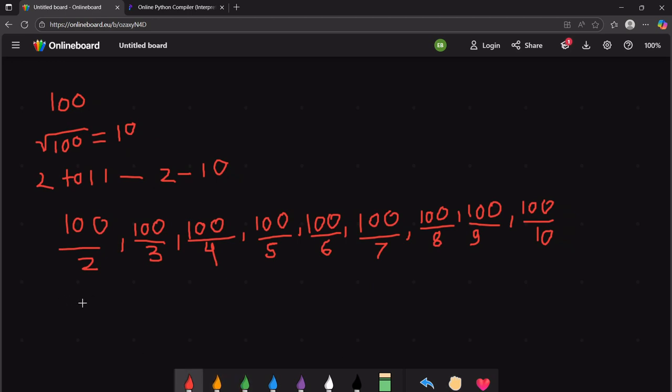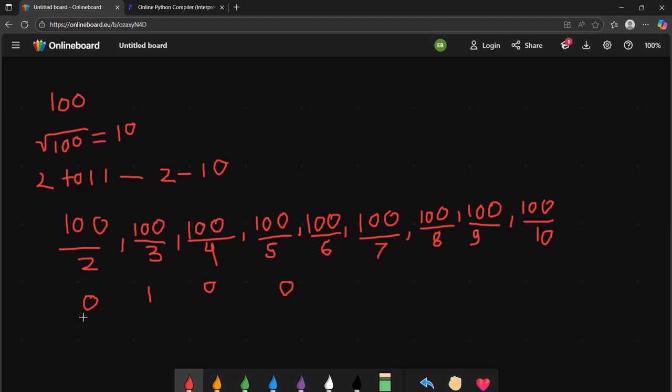Here the remainder is 0, here the remainder is 1, here the remainder is 0, here the remainder is 0. For a number to be prime, if it is divisible by any divisor up to the square root of n, then it is not a prime number.